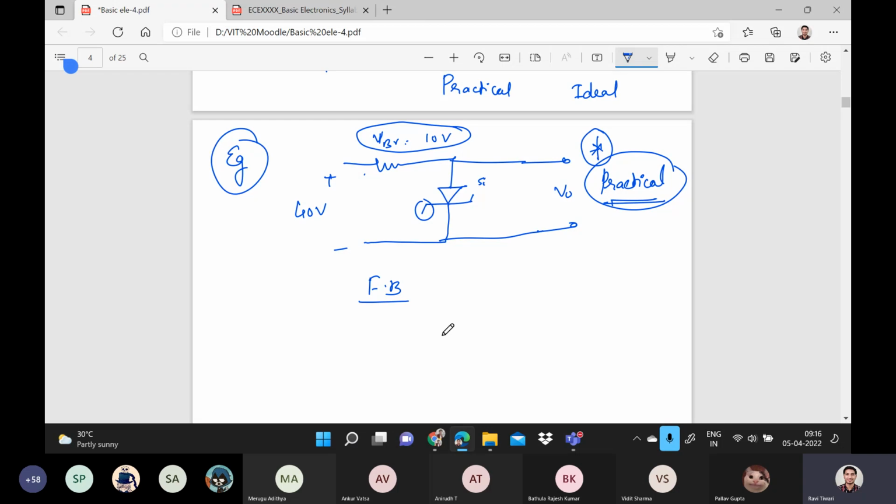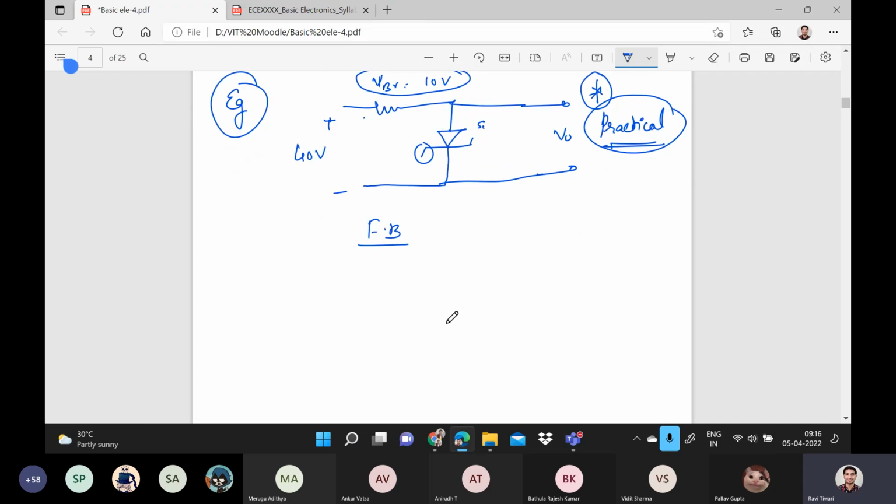Now, as you know, in the forward bias, you can replace this diode with a cut-in voltage. Suppose it's 3K, and this is 40 volts. So I can replace this one with a voltage, and this voltage is what?